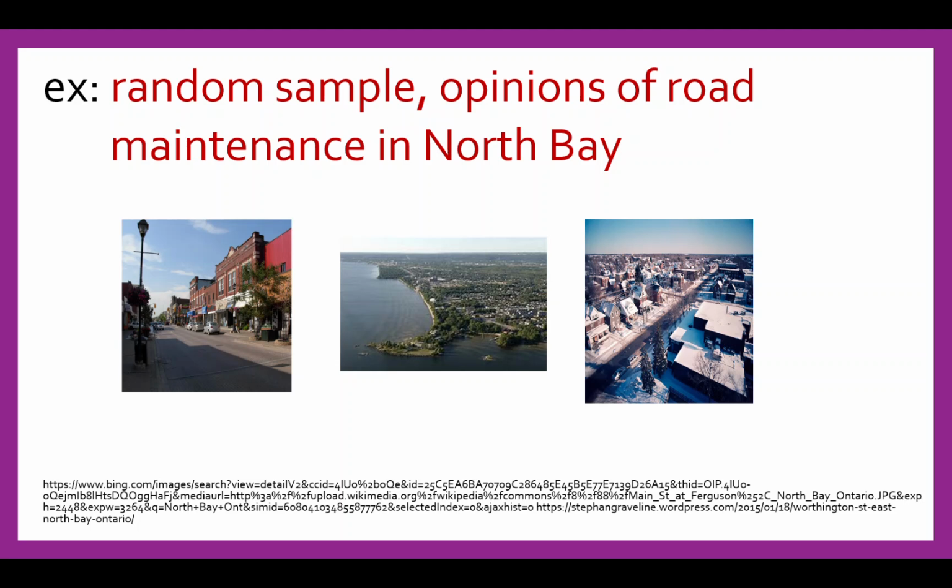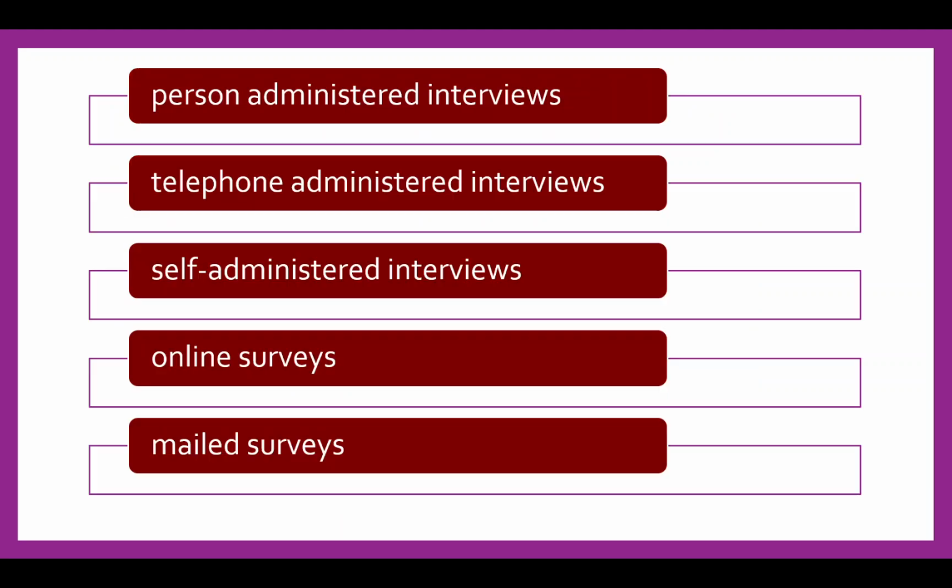So if I only focus on one part of North Bay's population, I will not be able to generalize my results to the entire city. This is why the manner in which a sample is chosen is important. It must be chosen randomly to represent the people that it's supposed to represent.